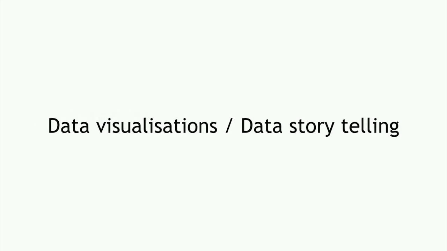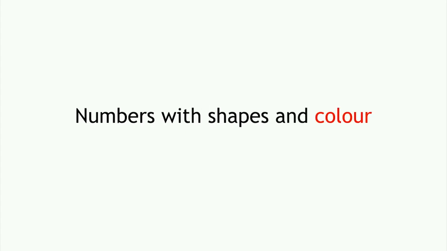Once we choose the right visuals, another thing that comes in really useful is color theory. Whenever we talk about data visualizations and storytelling, we always talk about numbers with shapes. Most of the time, data visualization is numbers and shapes. Many people forget there is color.